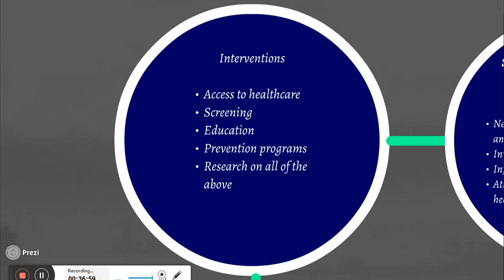Prevention programs should use findings from the screenings to figure out what changes and interventions need to be made. Research is also needed on all of what we talked about, and looking at the six steps of the TRIP model can be helpful in creating prevention and reducing risk of injury.